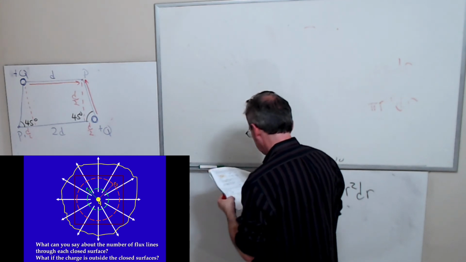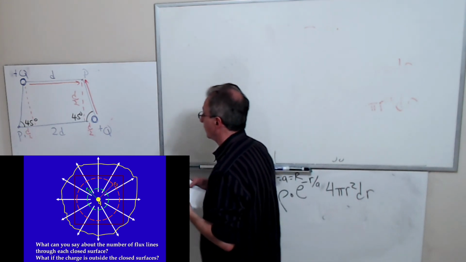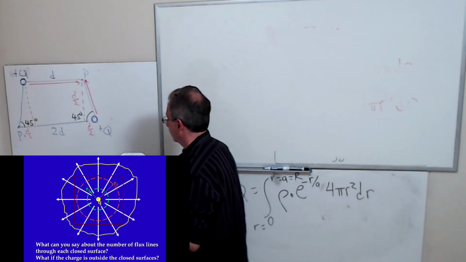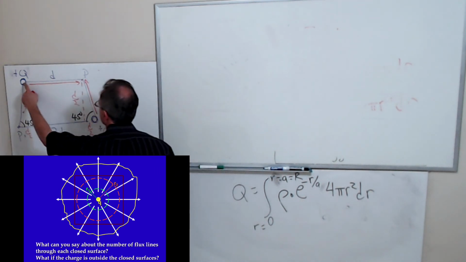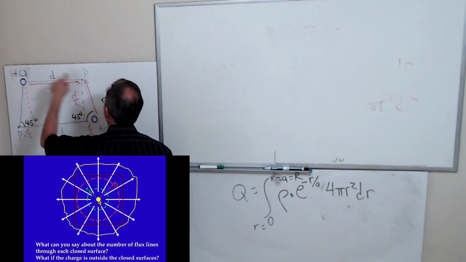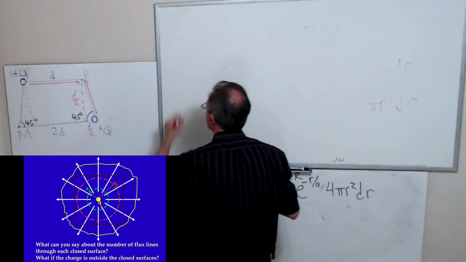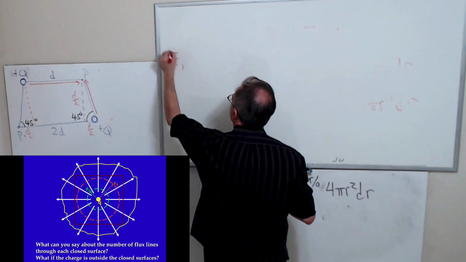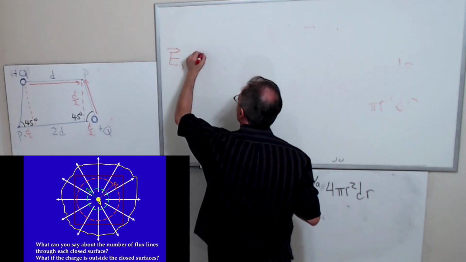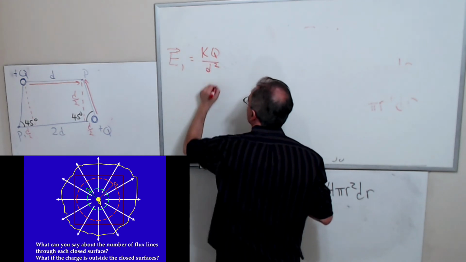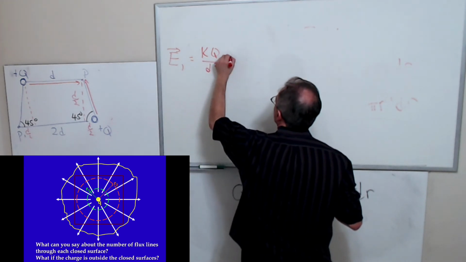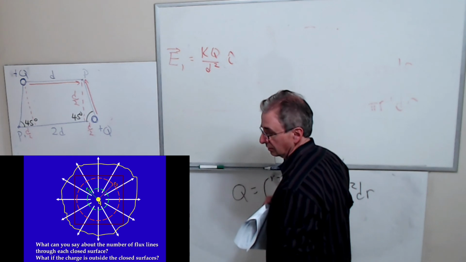Okay, so let's work through this. Let's calculate the field due to this guy at this point. That's going to be E1 is equal to K times Q over D squared in the i hat direction.